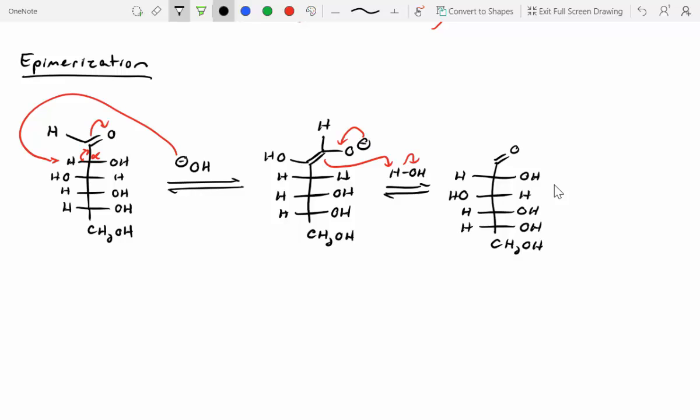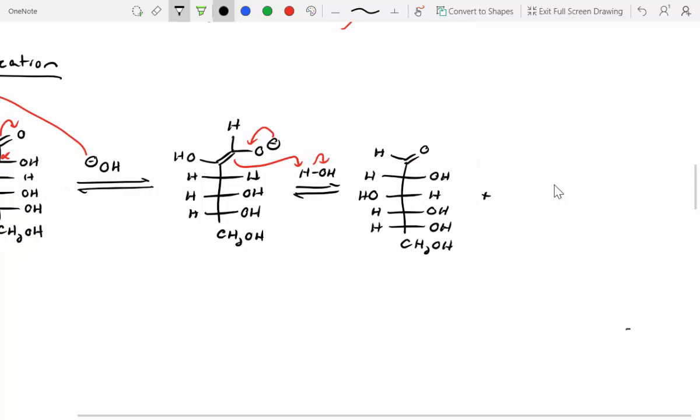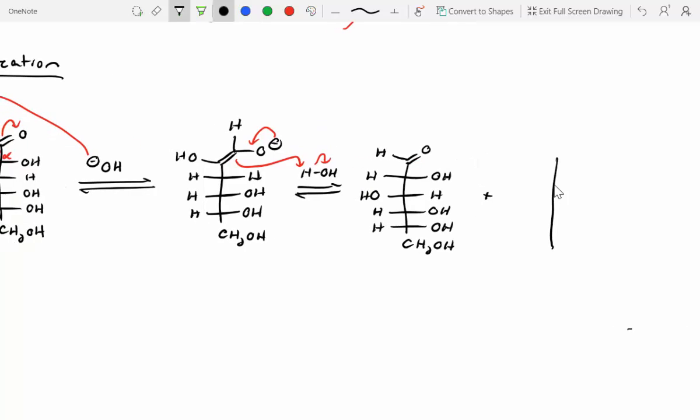And you've got your aldehyde up here. So you can go back and reform glucose, or you can actually get the other epimer that looks very similar.